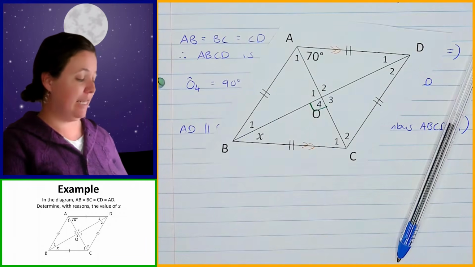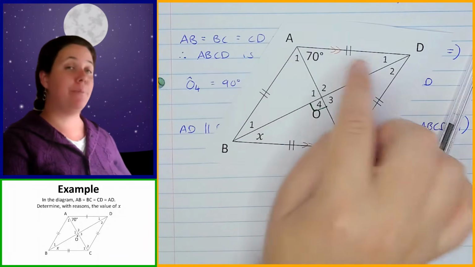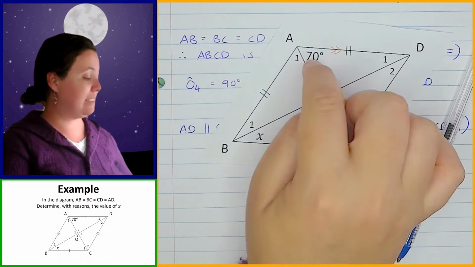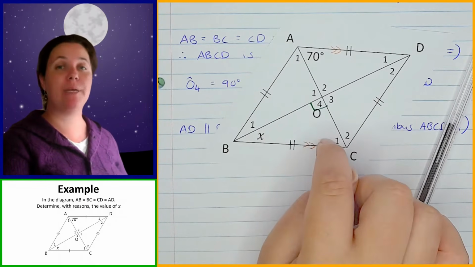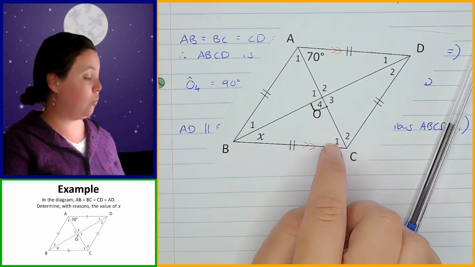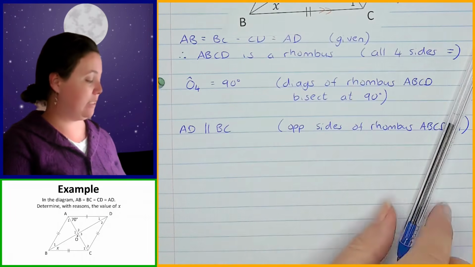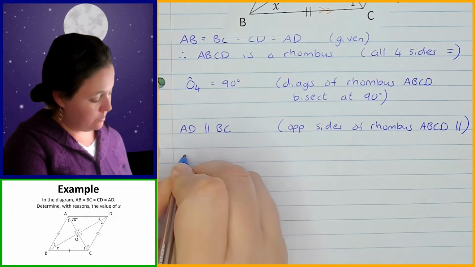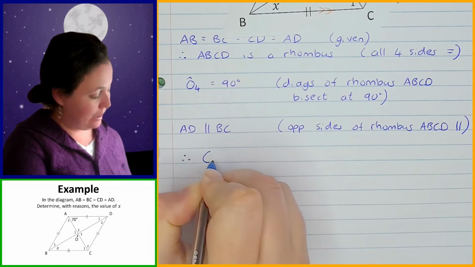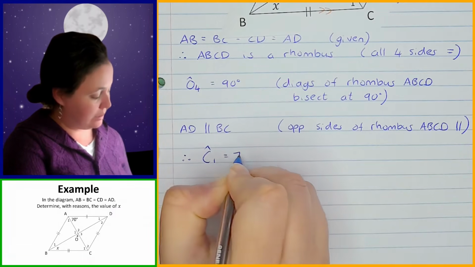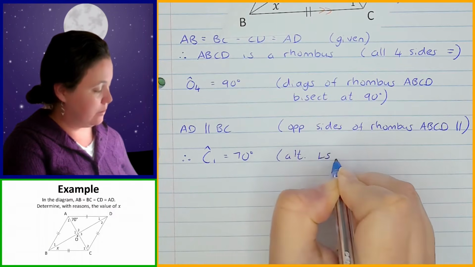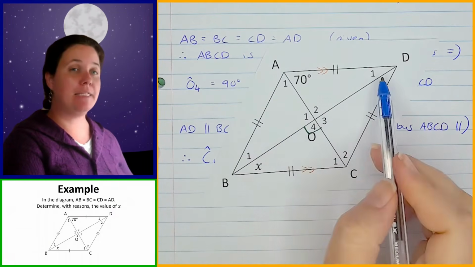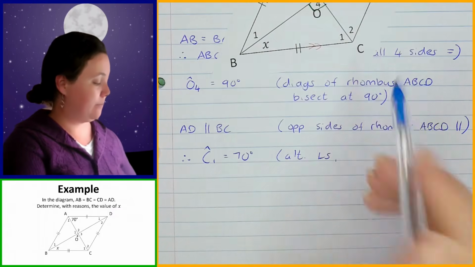The next thing I'm going to do is, because I know that they are parallel, I can say that these angles, which are alternate, are going to be equal to each other. So I can say that angle C1 is equal to 70 degrees. So therefore, angle C1 equals 70 degrees because of alternate angles with AD parallel to BC.